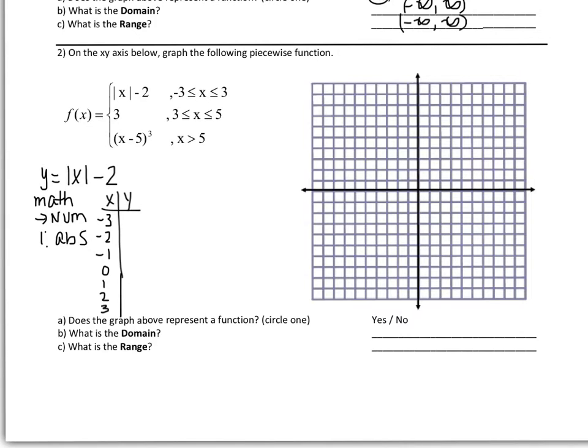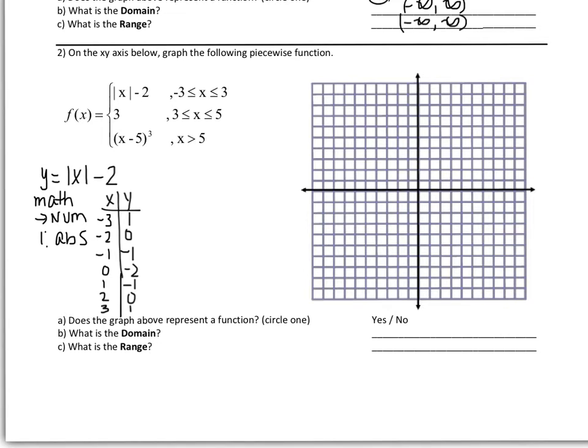You should have gotten -3, 1, -2, 0, -1, -1, 0, -2, 1, -1, 0, and 1. So take a minute graphing all these points, but make sure that you used closed circles around the -3 and the 3 because of the lines. Okay, this is what you should have gotten.